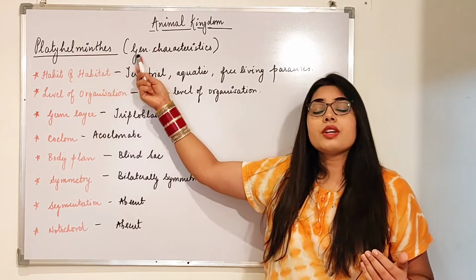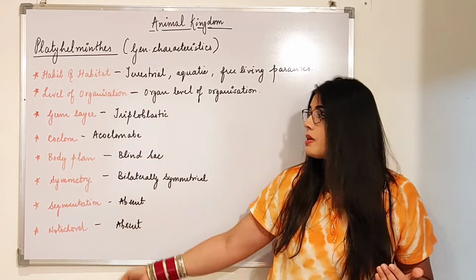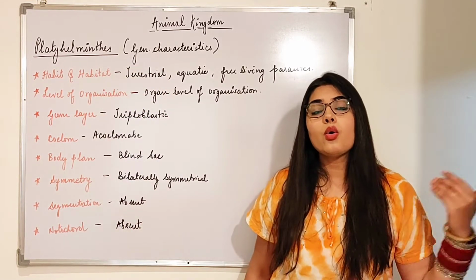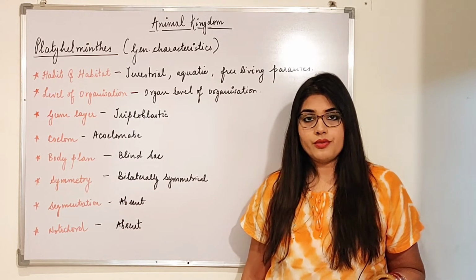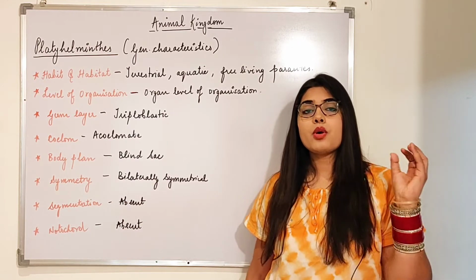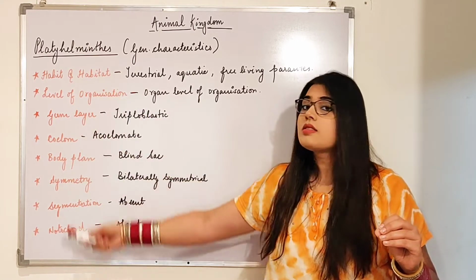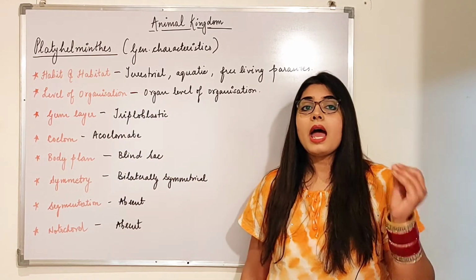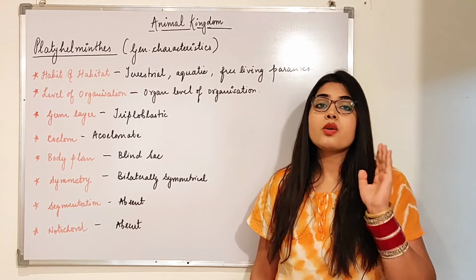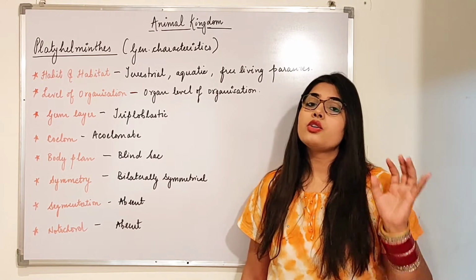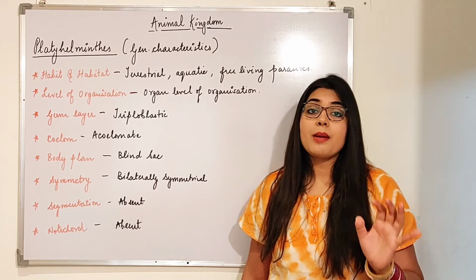In the Platyhelminthes general characteristic, this is the particular order in which we have done all the phyla till now. Fine. So it is very important for you to understand all these phyla, learn the sequence and memorize the same sequence in your mind. This is how you will be able to learn and grab it.